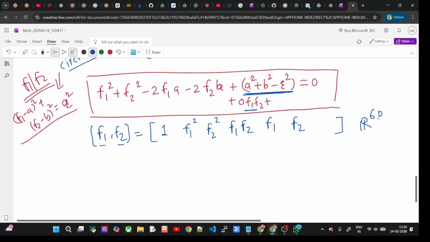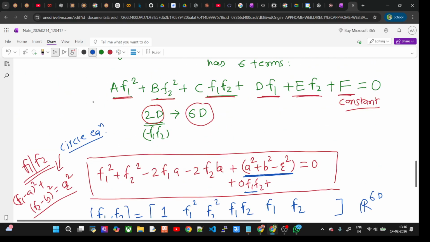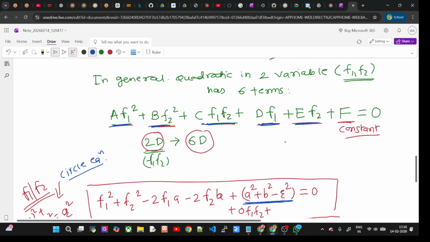Here you don't need to consider how these come. Generally, whatever two-dimension variables f1 and f2 you have, which have a quadratic, non-linear relationship, will give you 6 terms.